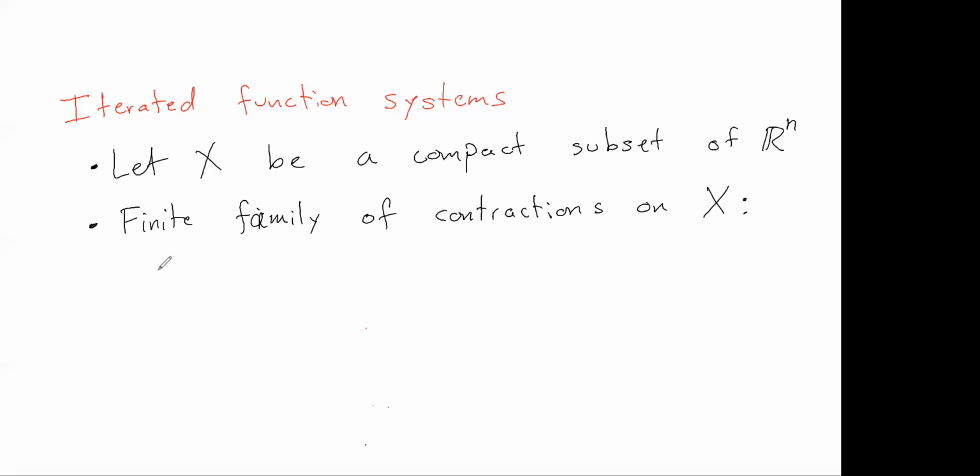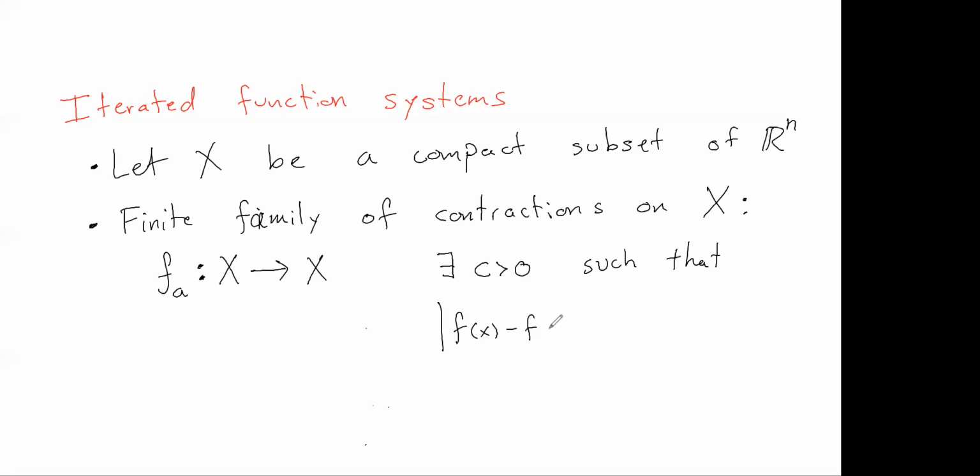By that, I mean this is going to be parameterized by some index A. And each of these functions will be a function from X to itself. And the contraction part means that there exists a positive constant such that if you take the length of two images, that should be smaller than or equal to, actually, that C should be 1.